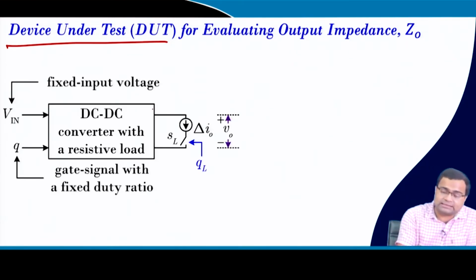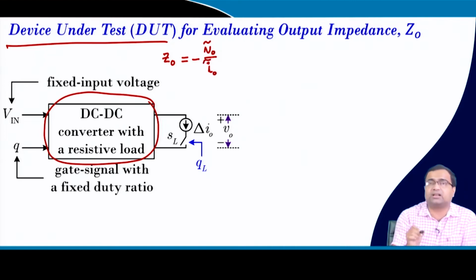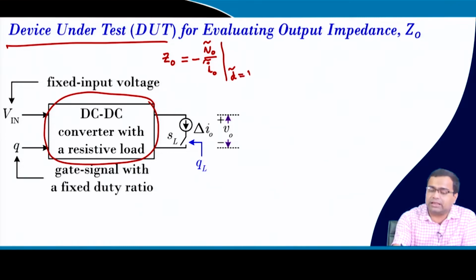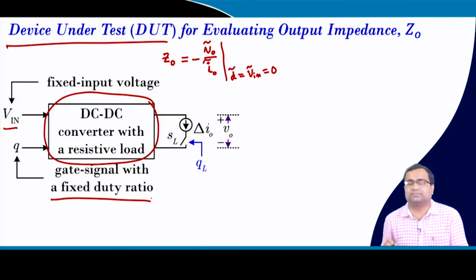We have to take a DC-DC converter, and we know that in the derivation of output impedance, what we have considered is the perturbation of the output voltage when we perturb an external current source, provided that for input open loop output impedance, the duty ratio perturbation and input voltage perturbation should be set to 0. That means we should use a fixed input voltage and a fixed duty ratio gate pulse.